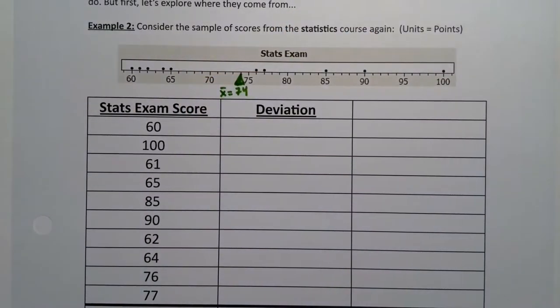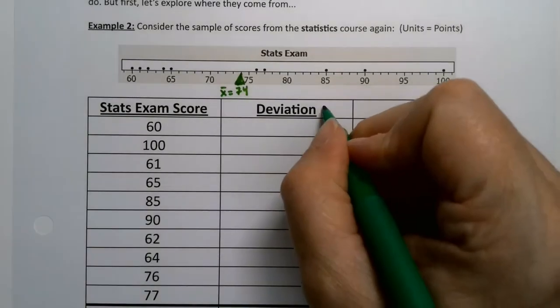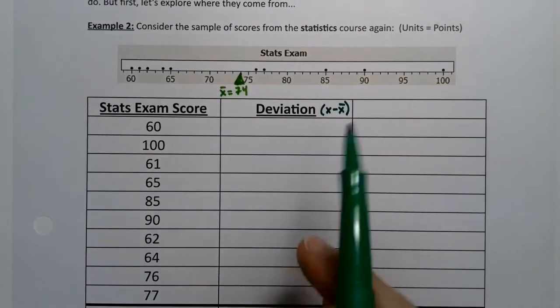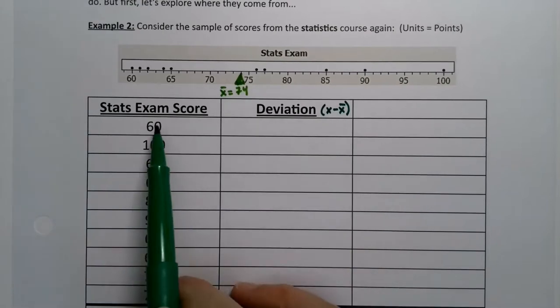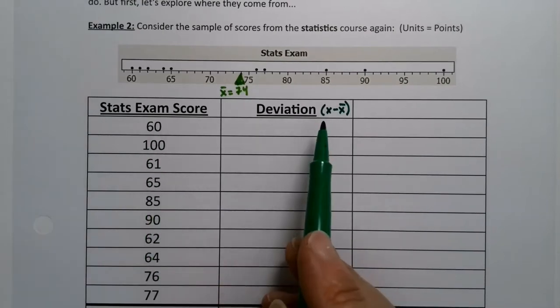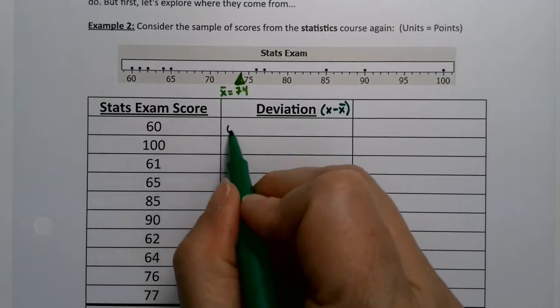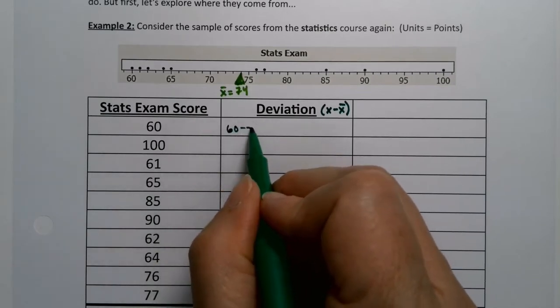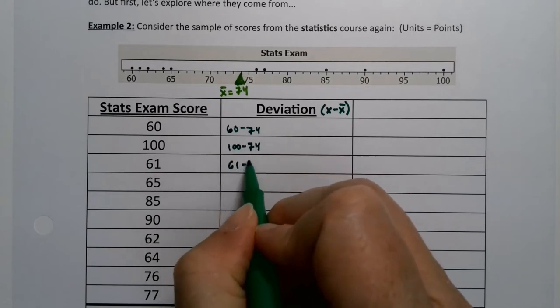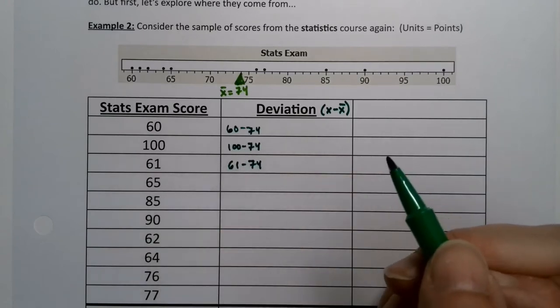So when you want deviation, what you're looking at is, how far is every value away from the mean? So you take every value x, which is like 60 is an x, 100 is an x, 61 is an x, and so on, and you subtract them. So 60 take away 74, 100 take away 74, 61 take away 74, and so on.